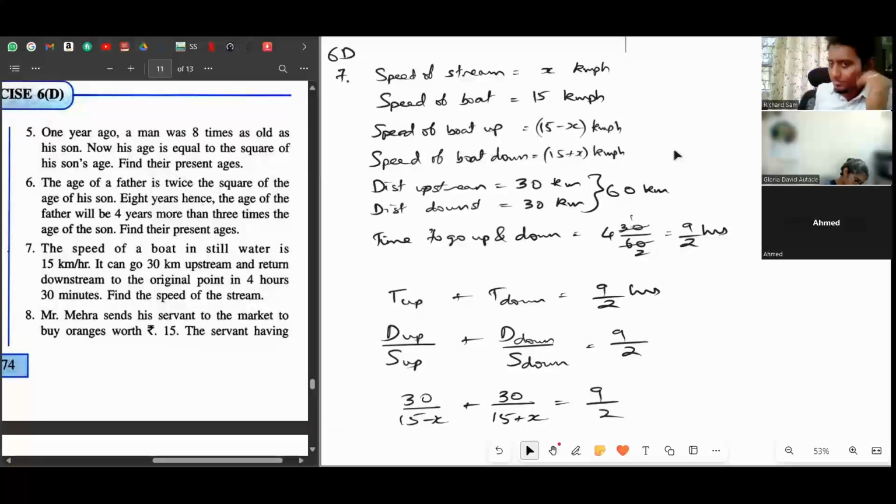What else will you write? Yes, so we can write x minus 15 also? No. X minus 15 will not work. That means it'll go negative, because we are assuming that 15 is bigger than x. Okay, so that's your 15 minus x.